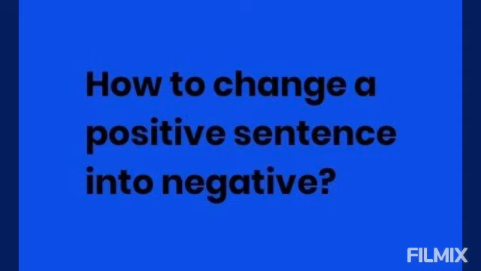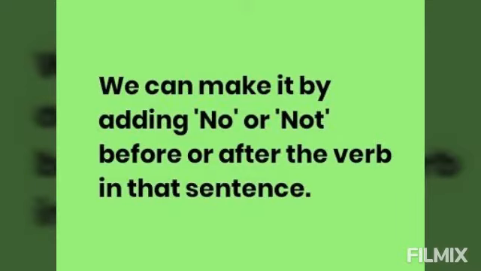Now, we will see how to change a positive sentence into a negative sentence. We can make a sentence negative by adding no or not after the verb in that sentence.